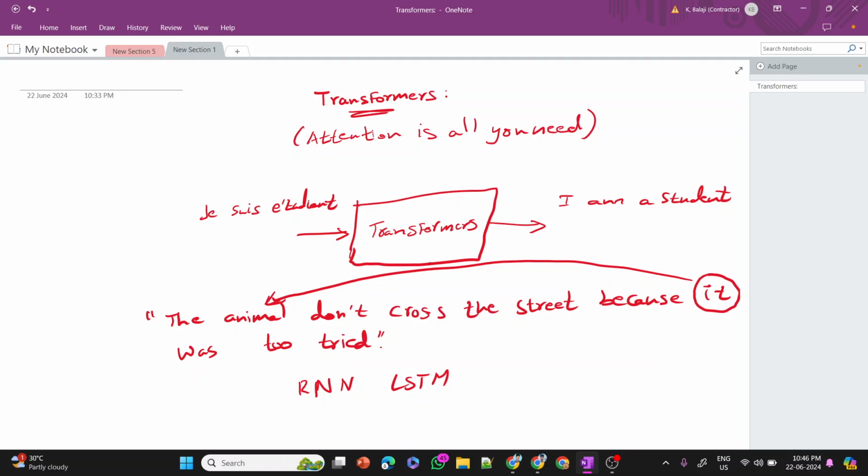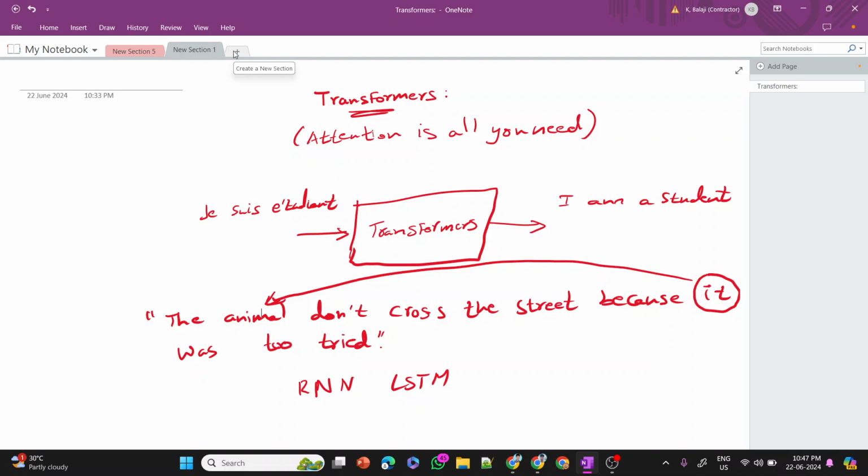A transformer understands the relation between each of the words. It can identify that "it" refers to the animal and not the street, because the transformer architecture was created so that it can easily understand whether "it" refers to the animal or to the street.